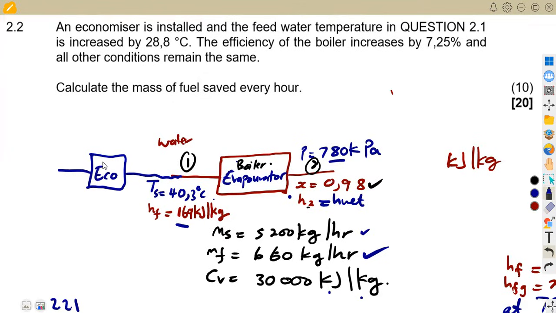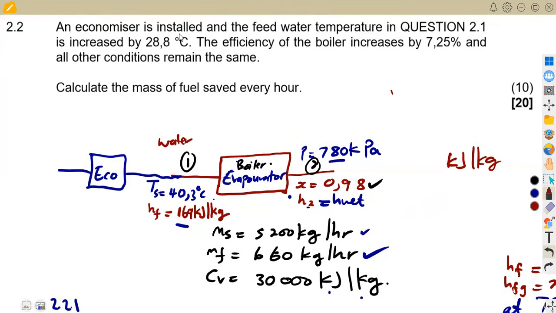They are saying we constructed, or we had an economizer this time, so that this temperature at the inlet, instead of being 40.3, is now increased by 28.8 degrees Celsius, meaning it is going to affect the inlet temperature at the input.